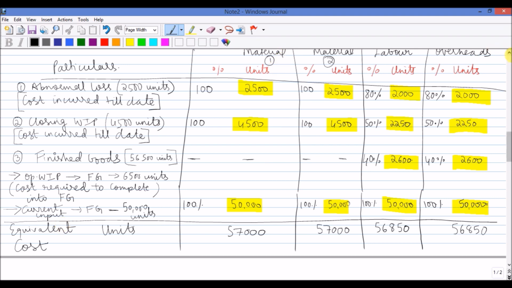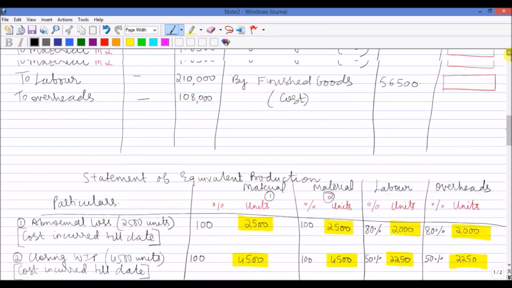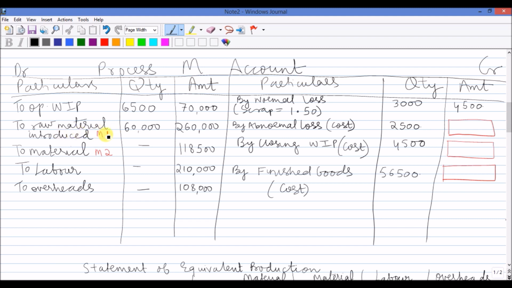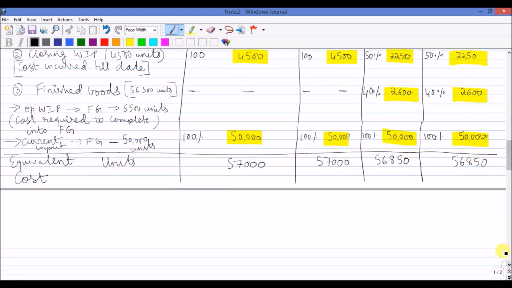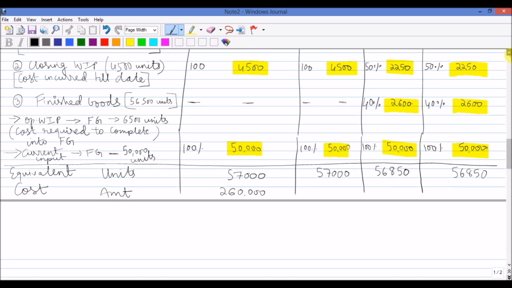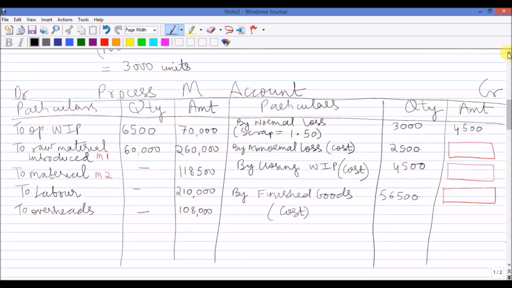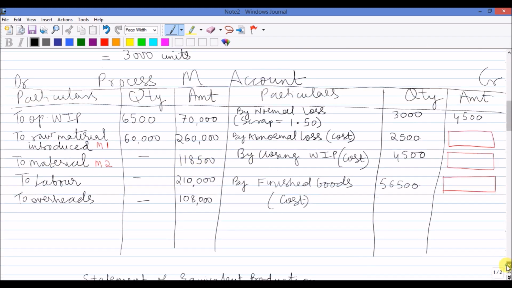So how much is the material 1 cost, my friends? The material 1 is costing 2,60,000 rupees. This is an amount. And then material 2 is costing how much? Material 2 is costing 118,500.